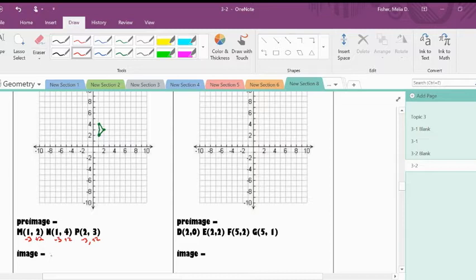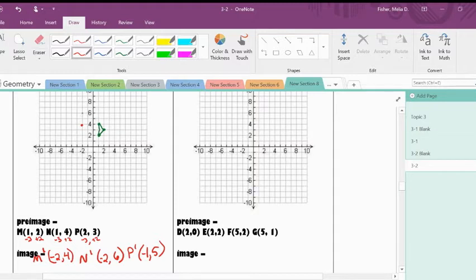So 1 minus 3 is -2, and that will be 4, and that will be M prime, and then N prime will be at -2, 6, and P prime will be at -1, 5.